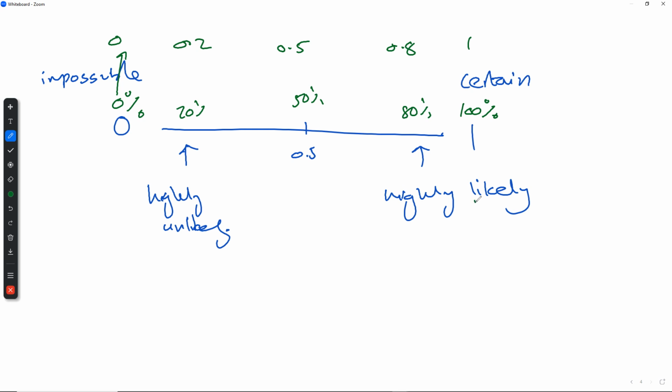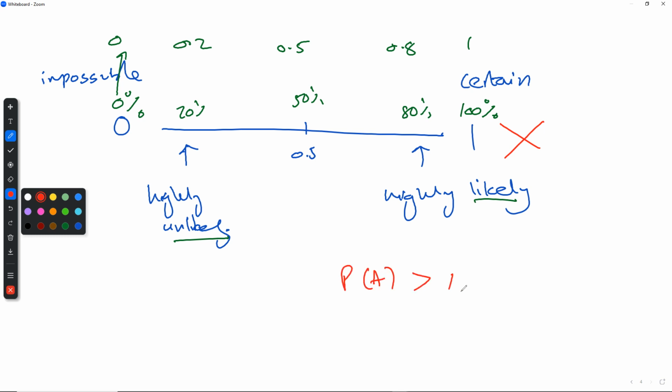So the words likely and unlikely are used. Remember that no probability can ever be bigger than 1. It doesn't exist. If you have a probability of some event which is greater than 1, that would be false. That does not exist. Okay? So remember, your probability is a fraction, a percentage, or a decimal.